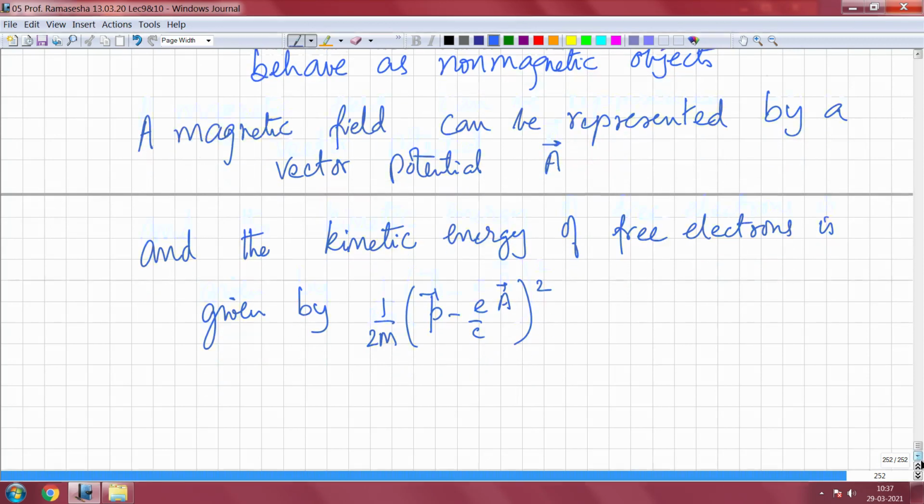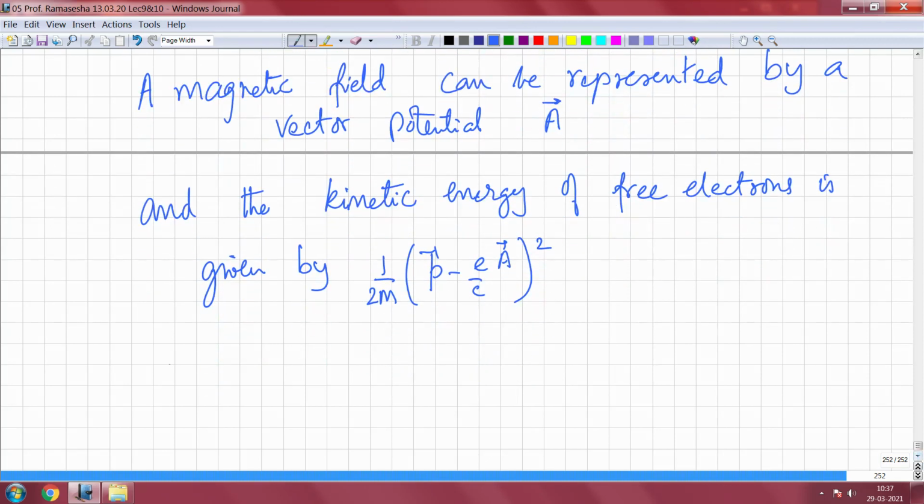So, if you have this, then you see that the partition function Z, which is the integral over e to the minus kinetic energy by kT, where kT is the temperature.